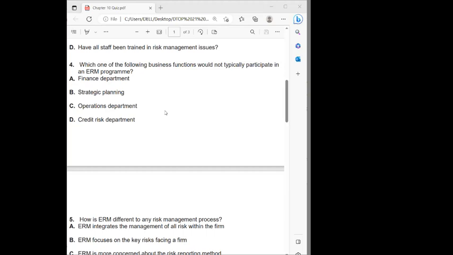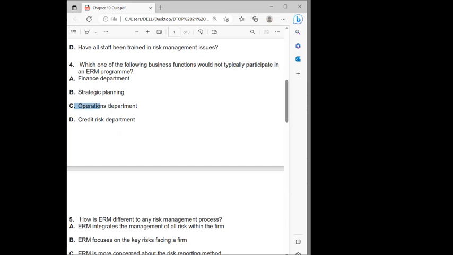Now, we are talking about enterprise risk management. Right? Now, again, this is a tricky one. The strategic departments are anyway coming under that. Finance, strategic planning is there. Then credit risk. Credit risk is a risk department. They will involve.